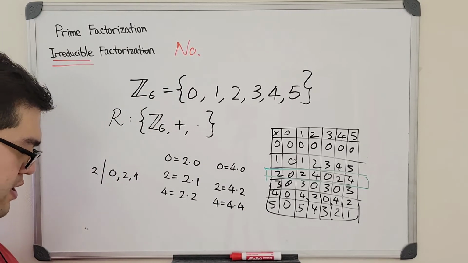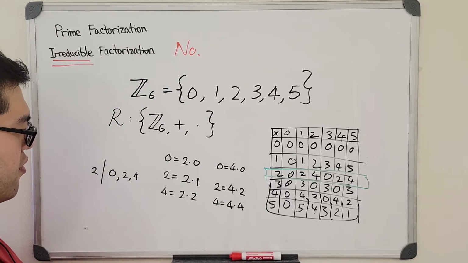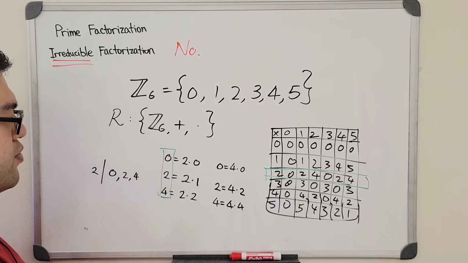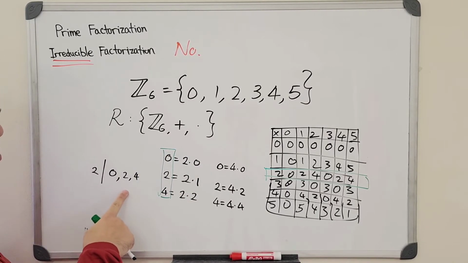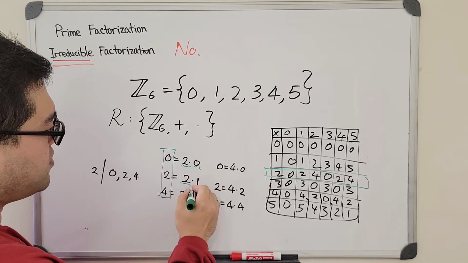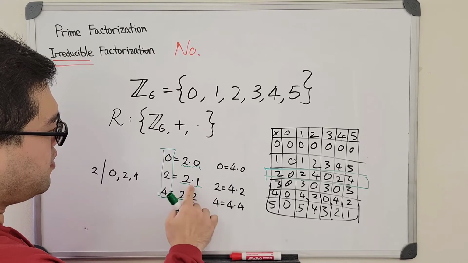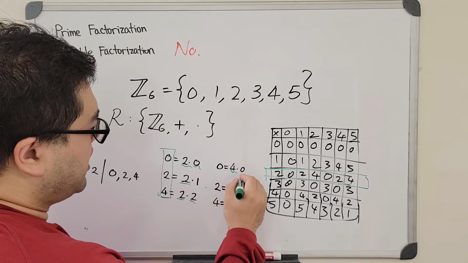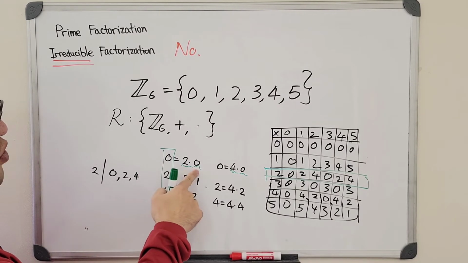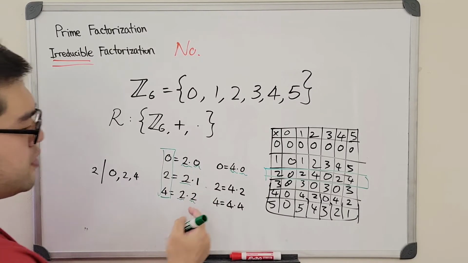But we can see that for any elements that we pick that are multiples of 2, if we try to factor out, at least one of the terms must be a multiple of 2 as well. Such as in the first case, both 2 and 0 are multiples of 2.